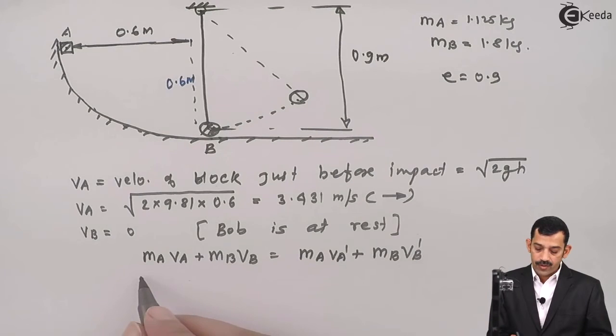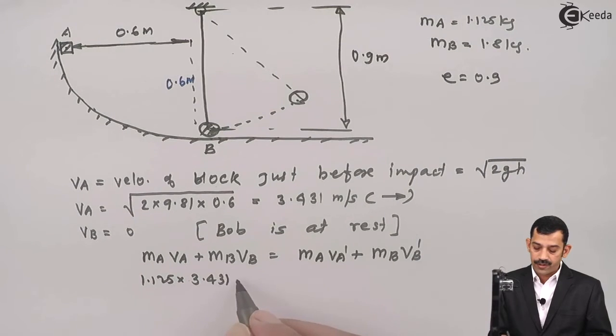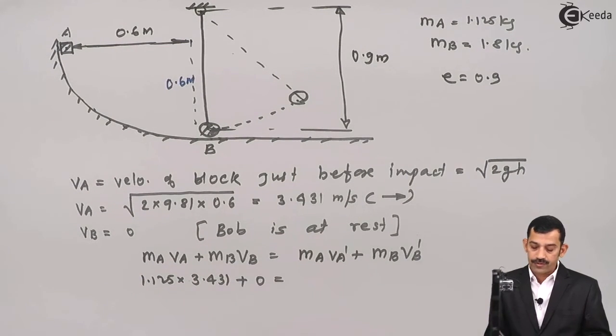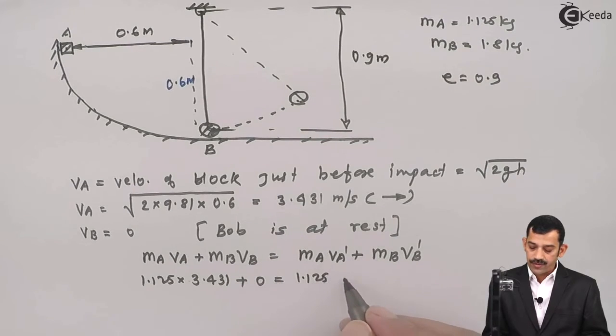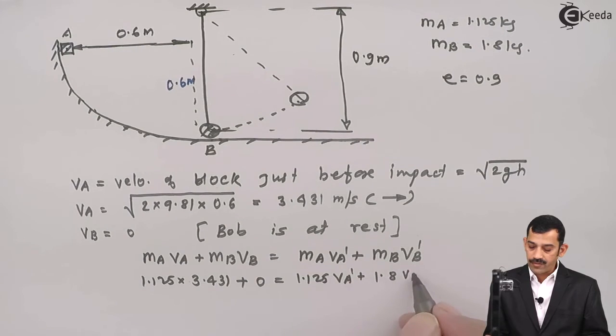Now MA is 1.125, VA is 3.431, rightward means positive, plus this term becomes 0 because the velocity of the bob of the simple pendulum is 0. Next, MA means 1.125 VA dash plus 1.8 VB dash.